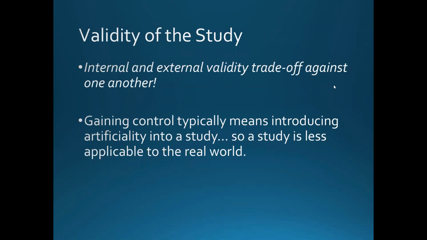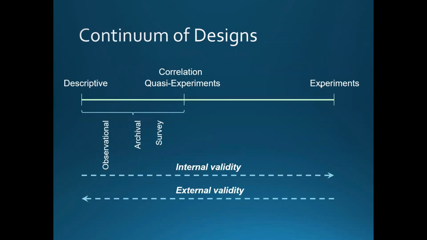And here is a little diagram to end off the class. Here's a continuum of designs. So experimental studies have high amounts of internal validity, but they're also more likely to have lower external validity.